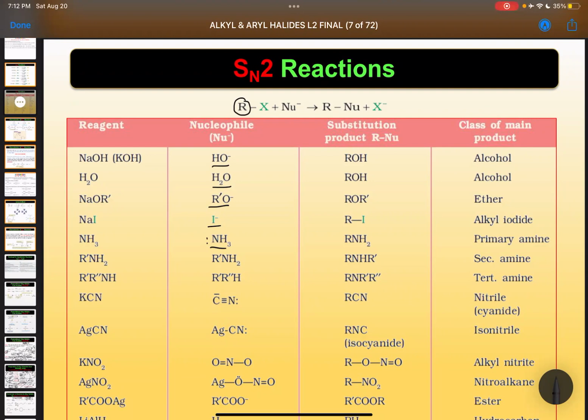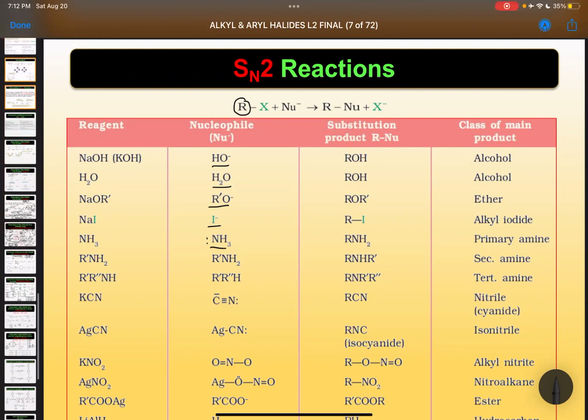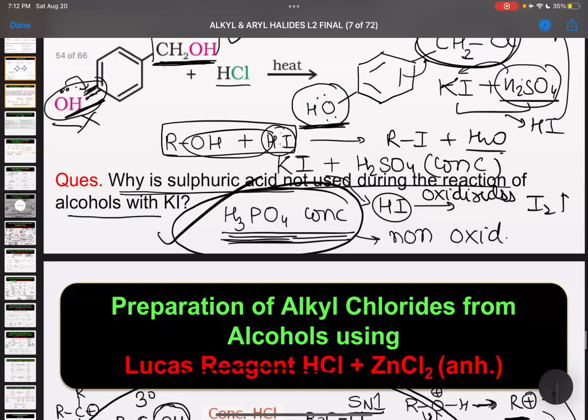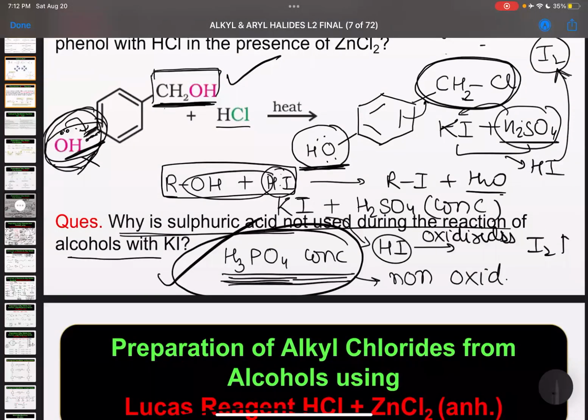But all of these reactions, and just now also I told you, are not valid for aromatic halides. What is the reason why they're not valid? Just now we have seen that this OH will not come out.